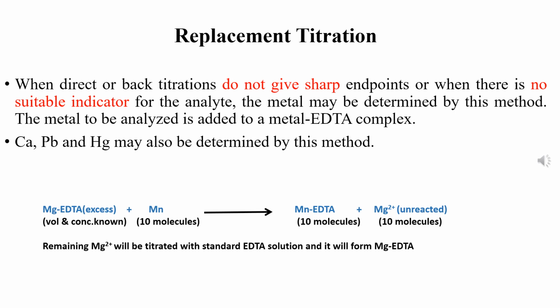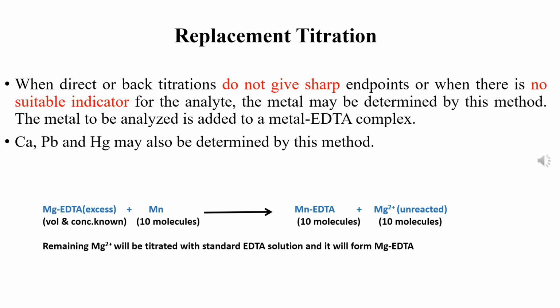For example, if 10 molecules of manganese react with EDTA, then they will replace 10 molecules of magnesium, and the manganese EDTA complex will form, and magnesium ions will be in unreacted or free form. So these free magnesium ions will also be 10 molecules, because 10 molecules of manganese replace 10 molecules of magnesium. This remaining magnesium will be titrated with standard EDTA solution.